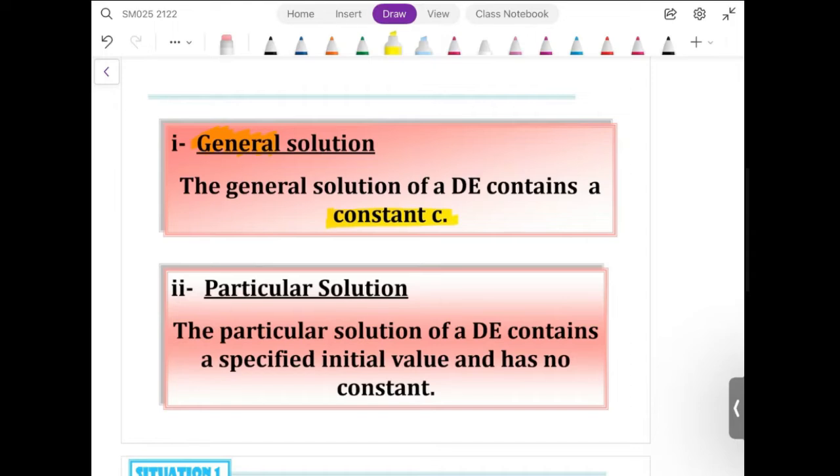If it's particular solution, means that they will provide initial condition in the question. Akan ada maklumat terperinci pasal equation tu. So you have to find the constant C. Maksudnya kita tak ada tinggal plus C lah. Kita kena cari nilai C tu berapa. Nanti kita tengok soalan, kita tahu soalan tu nak particular ataupun nak general.